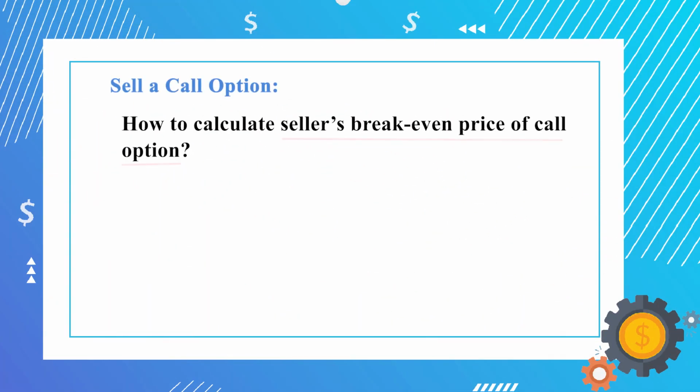To calculate the seller's break-even price of call option is to calculate the spot rate when profit equals 0 in the above formula. So we get the formula for the seller's break-even price of call option.